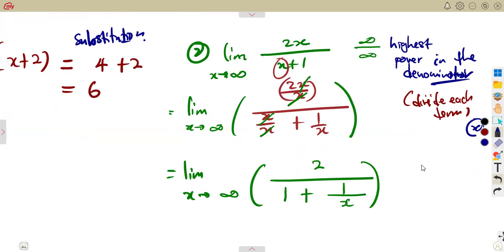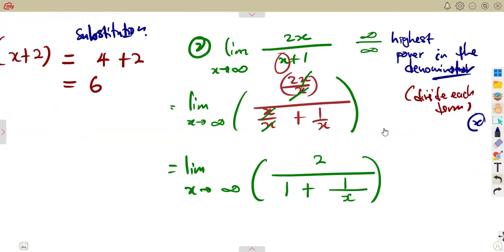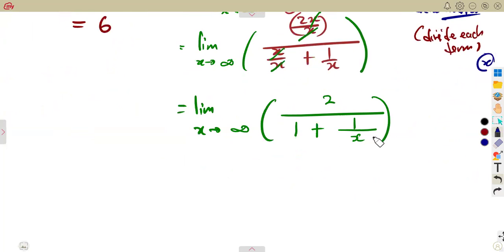So now we can apply the limits. We divided, which is fine. In place of x, apply the limit that you're given. x is limited to what? To infinity. Remember the condition of the infinite: k over infinite is equal to 0. So that is 1 over infinite, and when we substitute this, it is going to give us a 0.